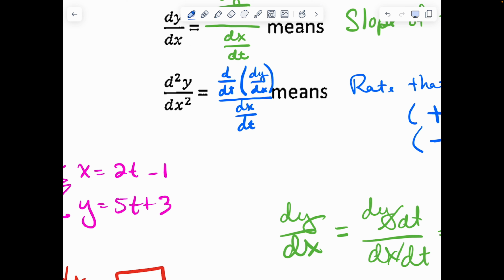That's the formula to find the second derivative when we're doing parametric differentiation. So in this problem, I plugged in dy/dx from up above and dx/dt from up above.